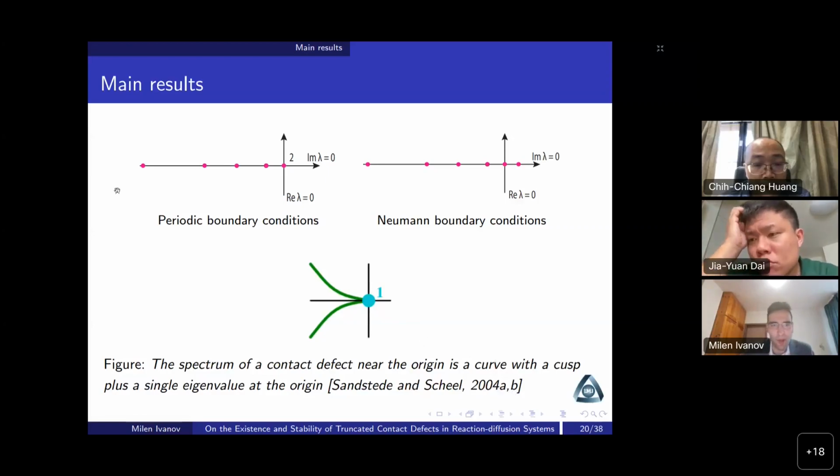So over here, I have this picture of the spectrum, and what I have not told you is that this gap has size O of 1 over L squared. So when L increases, this sequence is going to move to the right.